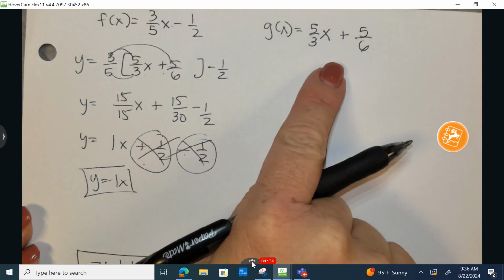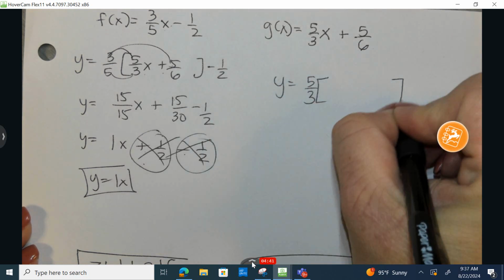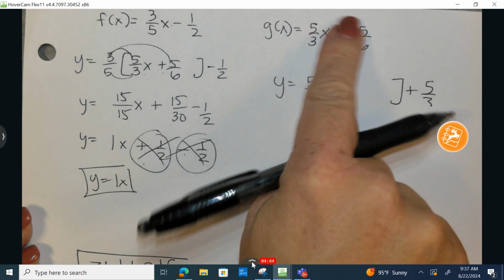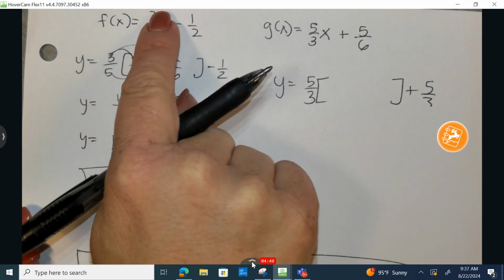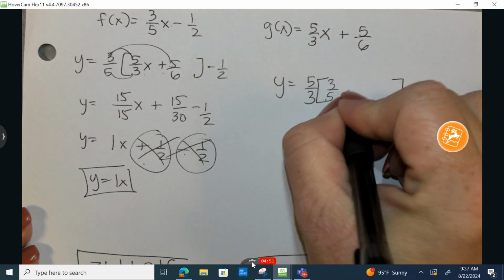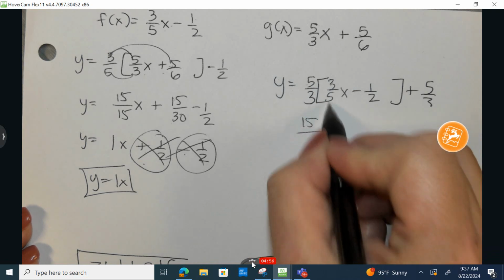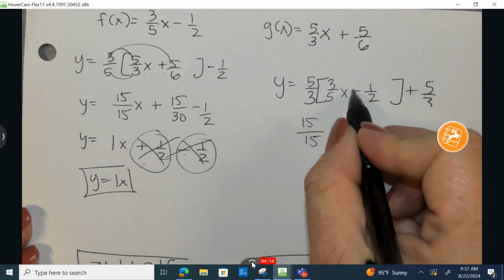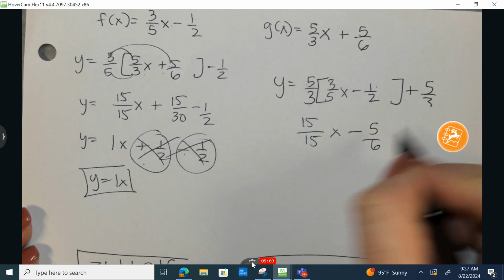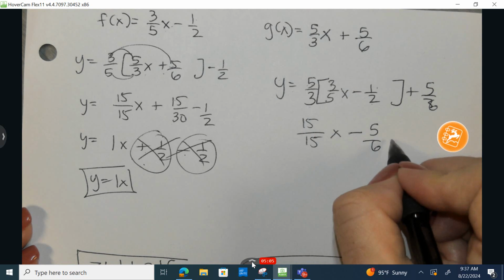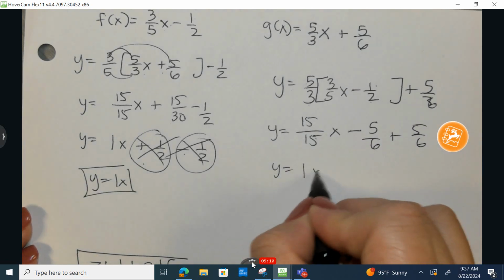So starting with the first one, I start with the second equation. Don't put the x in there. So this is the part, but I take out the x and leave a blank spot. Now I'm going to put the first equation into this one. 5 times 3, 3 times 5. 5 times 1, 3 times 2. 15 divided by 15 is 1.